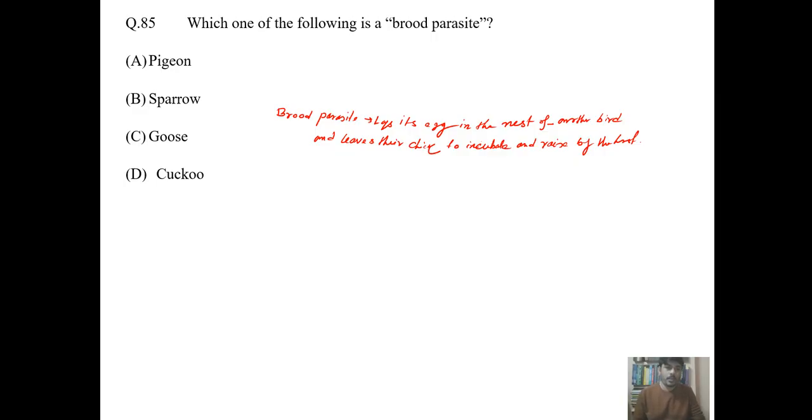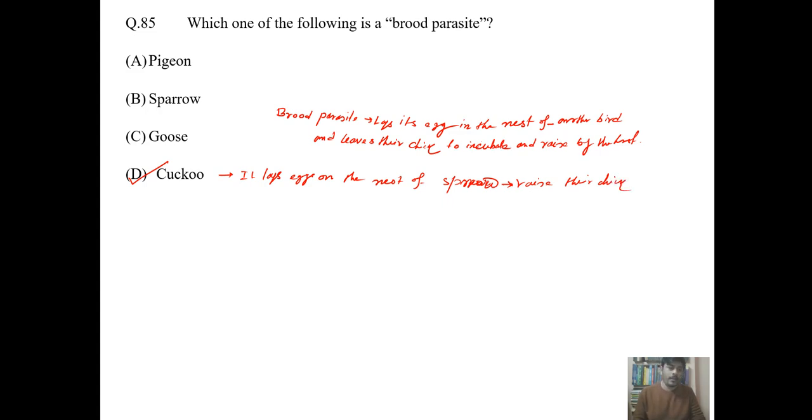The options given here are pigeon, sparrow, goose, and cuckoo, of which the cuckoo is the classic example of a brood parasite because it lays its egg in the nest of a sparrow and leaves the host to incubate and raise their chick.